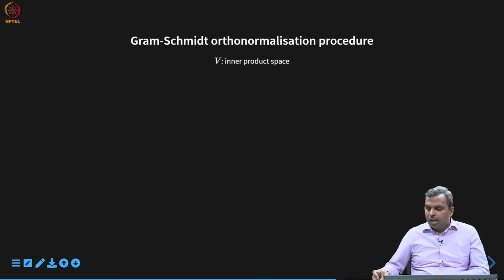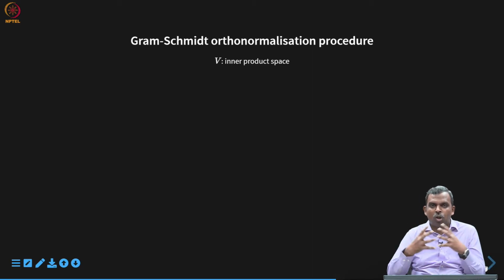Okay, so far we have been skirting the question of, do orthonormal bases exist? Are there orthonormal bases for a finite dimensional vector space? Can you find them? Are there easy ways to find them? And that is what is given by the Gram-Schmidt orthonormalization procedure. It is a very simple procedure. It converts a linearly independent set into an orthonormal set with the same span, the same incremental span.